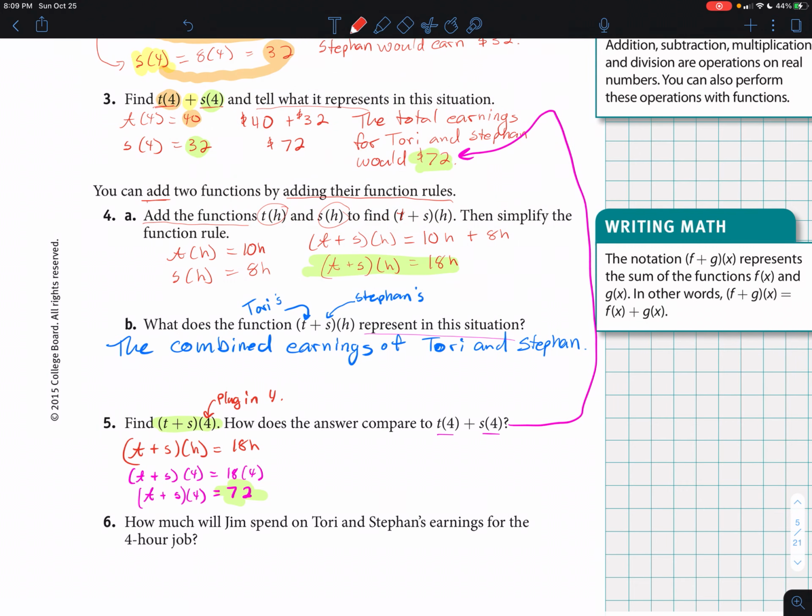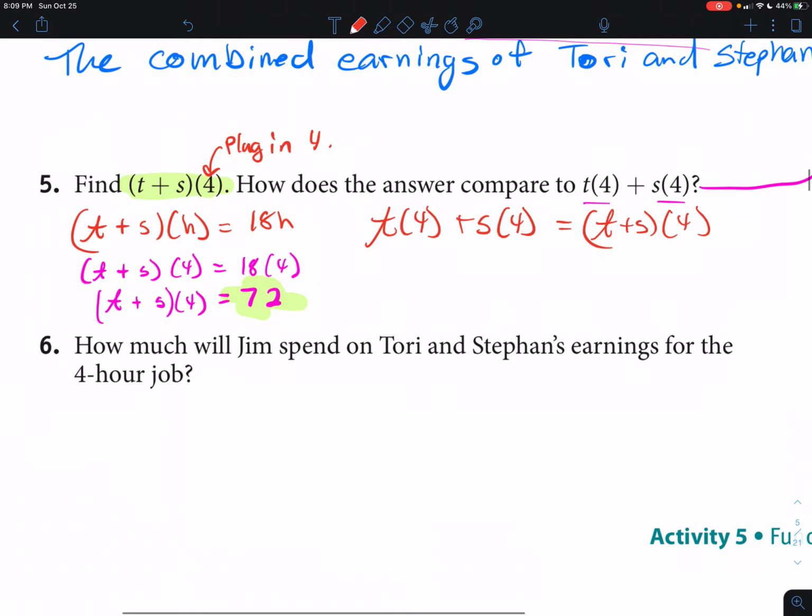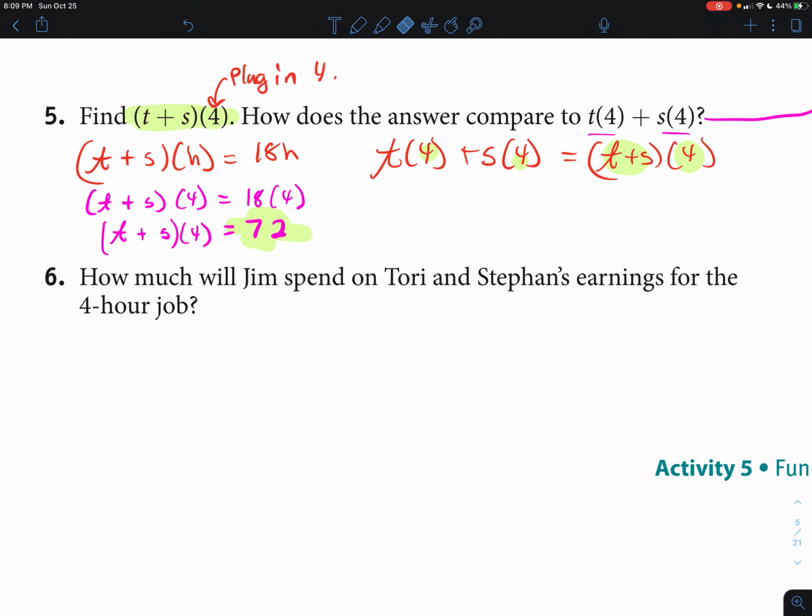So basically we can conclude that T of 4 plus S of 4 equals T plus S of 4. It's the same concept. I can either plug in 4 and then add them together, or I could add them together and then plug in 4. And then how much will Jim spend on Tori and Stefan's earnings for the 4 hours? That would be $72. He would spend $72.